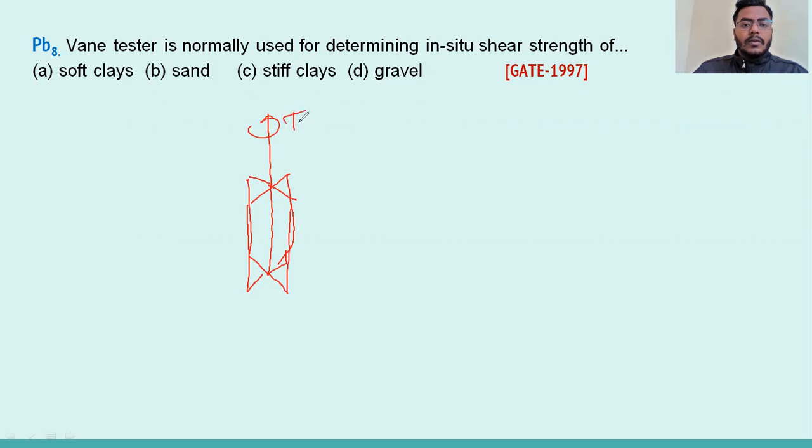We give the torque and rotate the blade, and we assume there is a cohesion, so it should be soft so that we can rotate by providing some torque. And we cannot use this test for stiff clay, right? So soft clay, option A is correct. The standard penetration test we use for sand. Okay, so option A is correct.